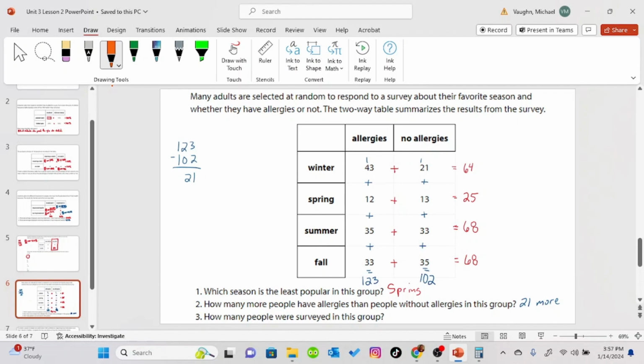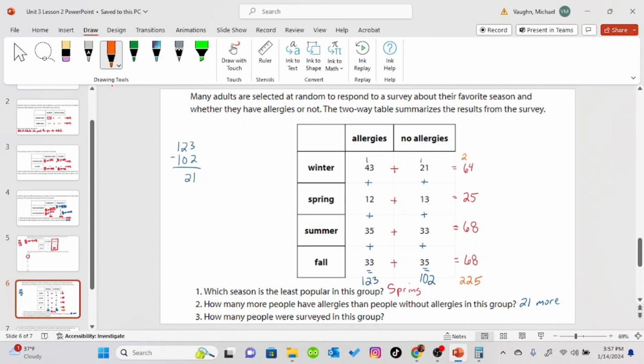So 4 plus 5 is 9, plus 8 is 17, plus 8 is 25. Carry the 2. 2 plus 6 is 8, plus 2 is 10, plus 6 is 16, plus 6 is 22.